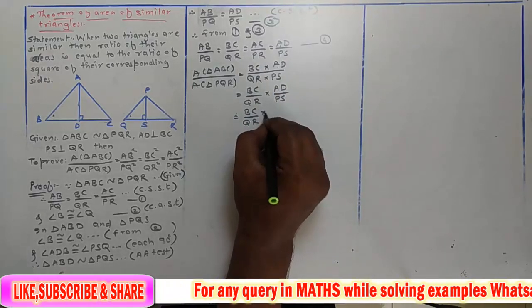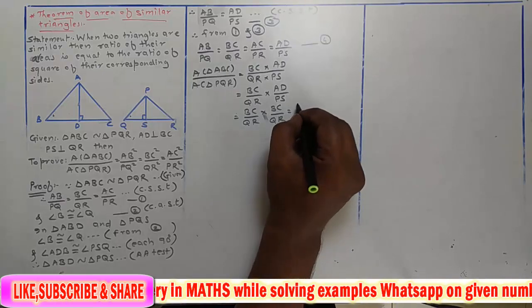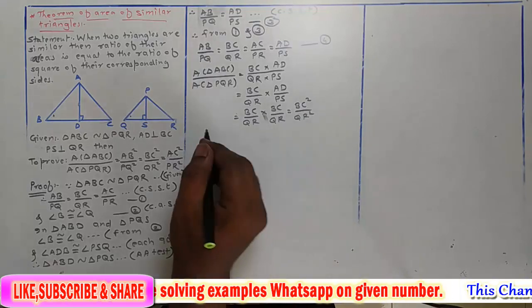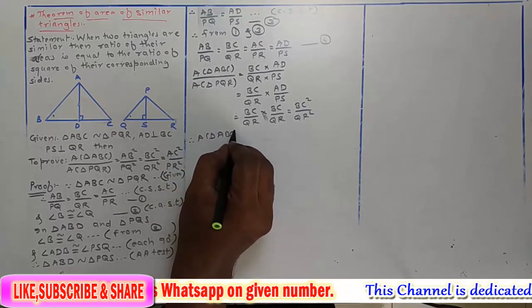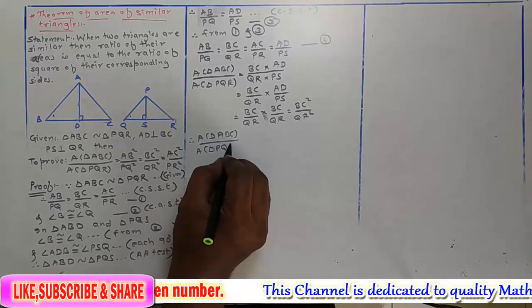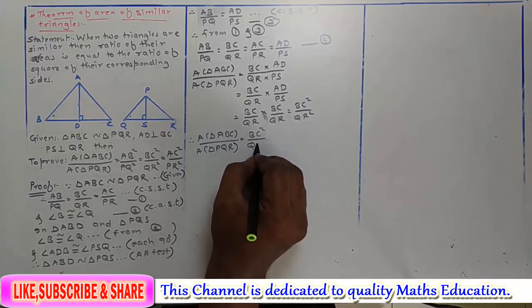So we take here BC upon QR into BC upon QR, that is equal to BC square upon QR square, and therefore area of triangle ABC upon area of triangle PQR is equal to BC square upon QR square.